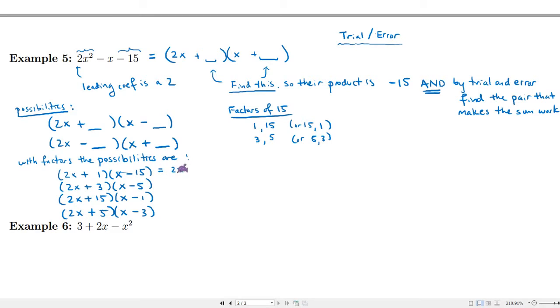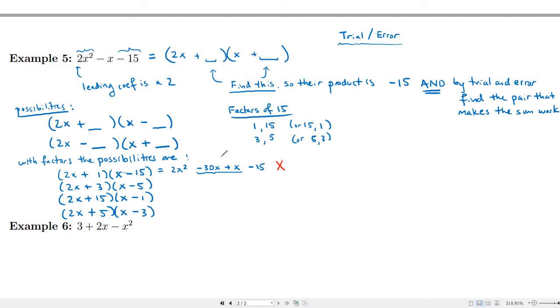So we're getting 2x squared, then minus 30x plus x minus 15. So already, look at that middle term. That middle term is not going to match this middle term of negative x. So this one, right away, without even simplifying anymore, we just know that that's not going to work.